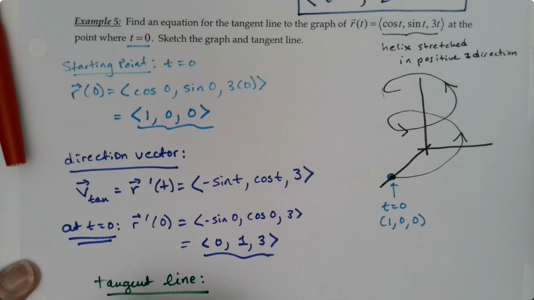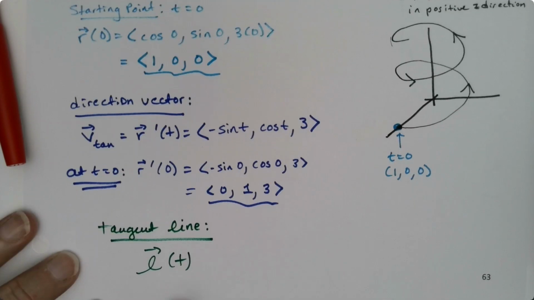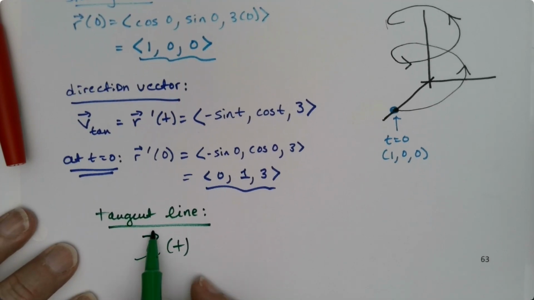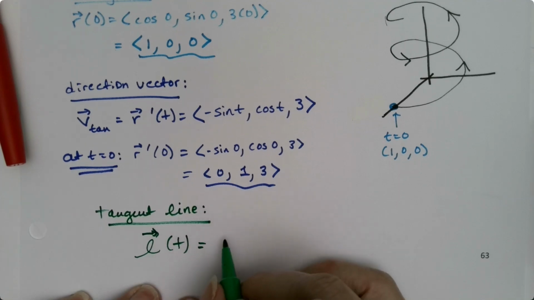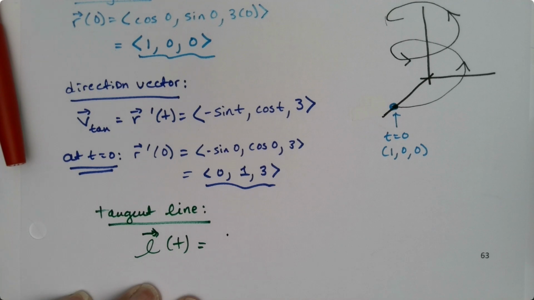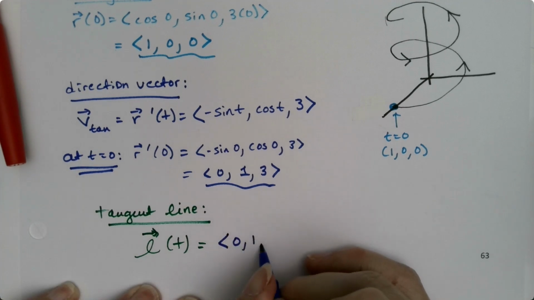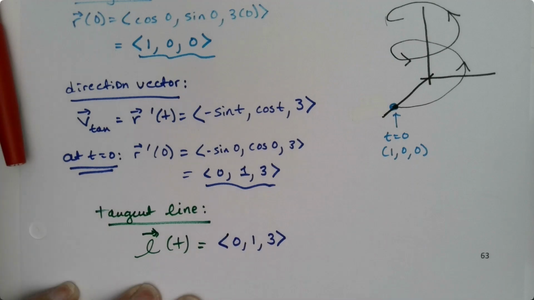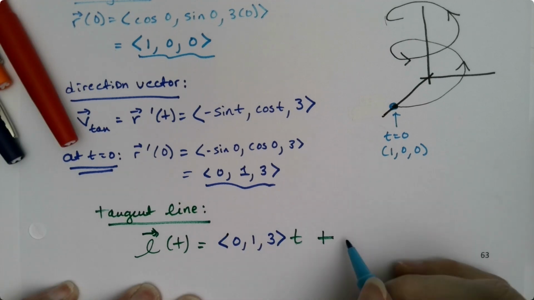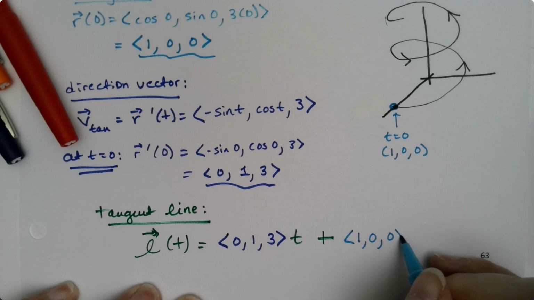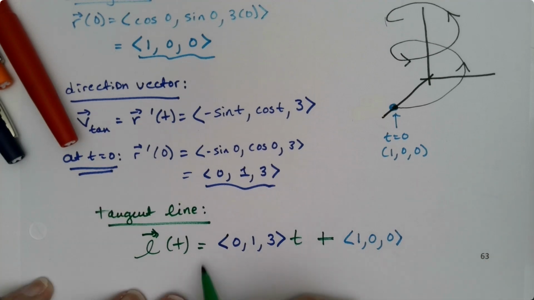So L of t, and it's in vector valued form, so I'm putting a vector over my L, is equal to the direction vector, which is 0, 1, 3, times t, plus my point, 1, 0, 0. And then we'll change the form of that. 0 times t plus 1 is actually just 1.